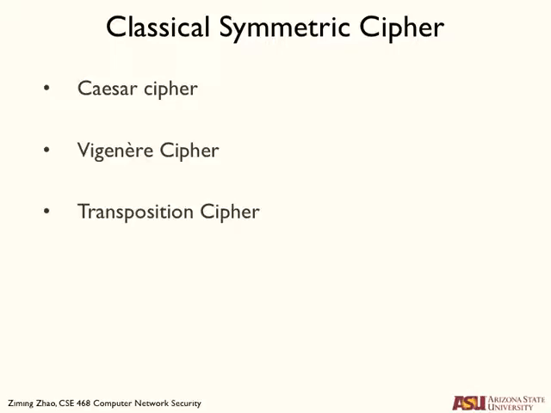And we are going to show how they work, and why they are not secure. But surprisingly, if we combine this substitution cipher with transposition cipher, we can have some very secure algorithms. And all the algorithms we are using now, like AES, are a combination of substitution cipher and transposition cipher.